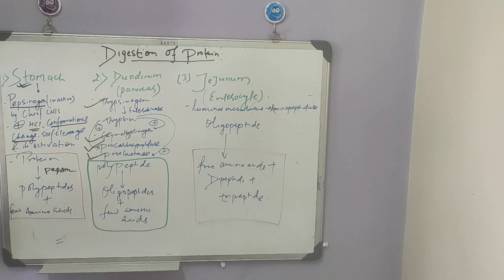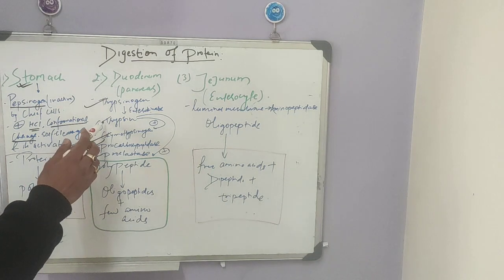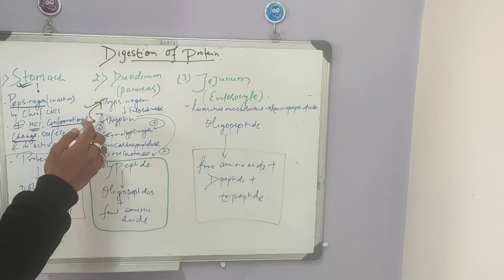Enterokinase is secreted from the enterocyte and it acts on trypsinogen to produce activated trypsin. Then this trypsin is responsible for its self-activation.